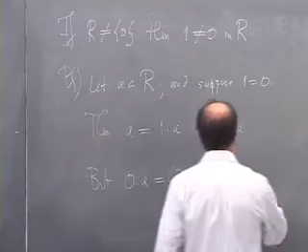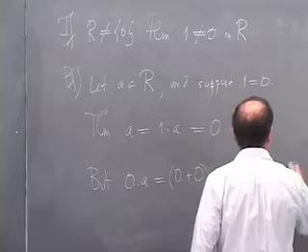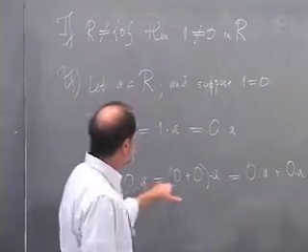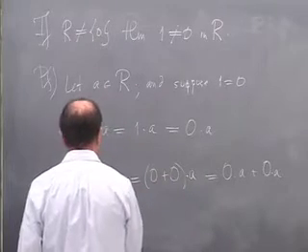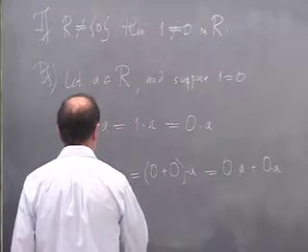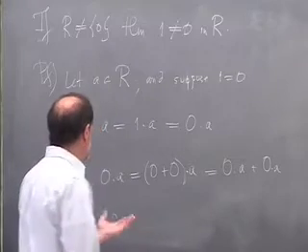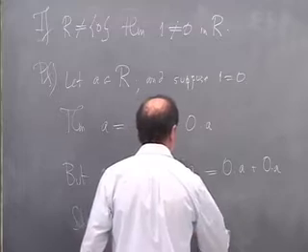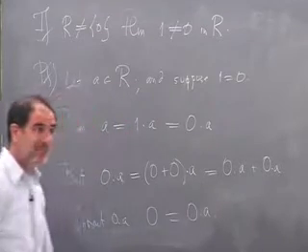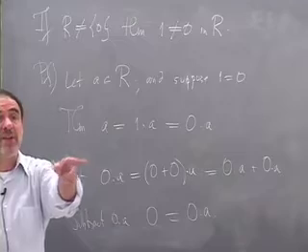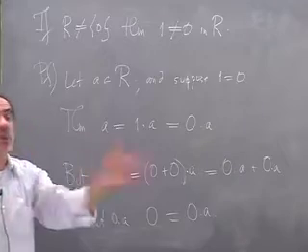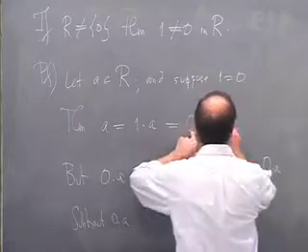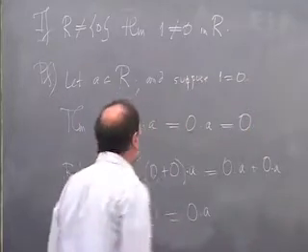And by the distributive law, this is equal to 0 times A plus 0 times A. And then if you subtract 0 times A from both sides, in the additive group, you get the element 0, and you're just left with 0 times A. So not only is 1 times A equal to A, 0 times A is always equal to 0 in a ring. And consequently, this thing is equal to 0 in R.